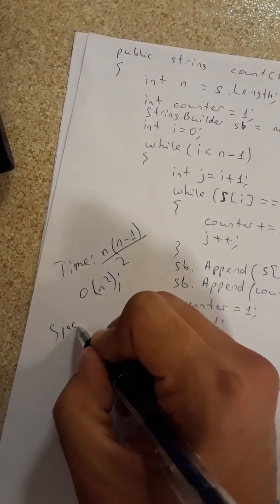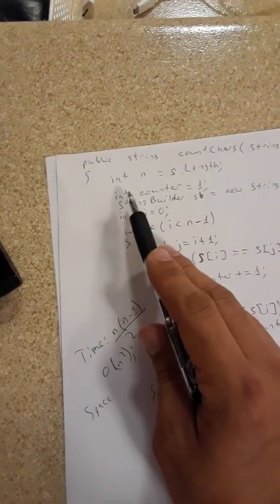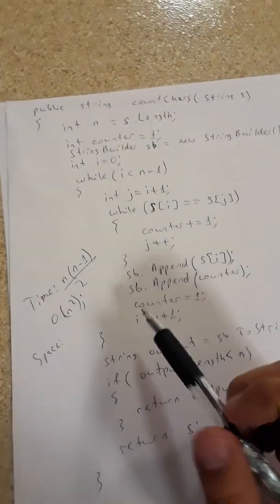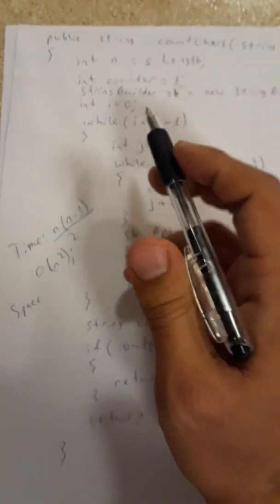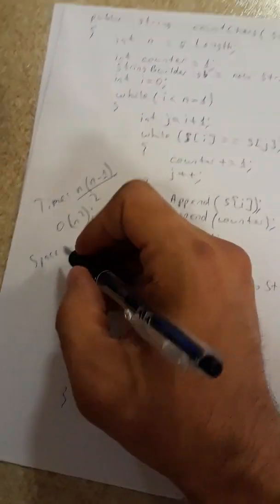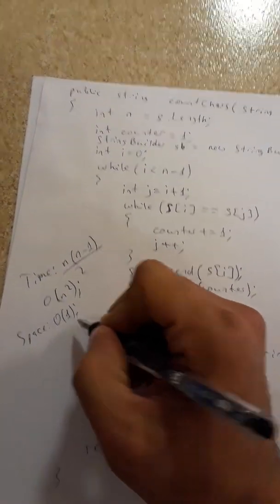The space: here we're defining a bunch of data types and one string builder. So I will say that we didn't use any additional data structure. It will be order of O(1).